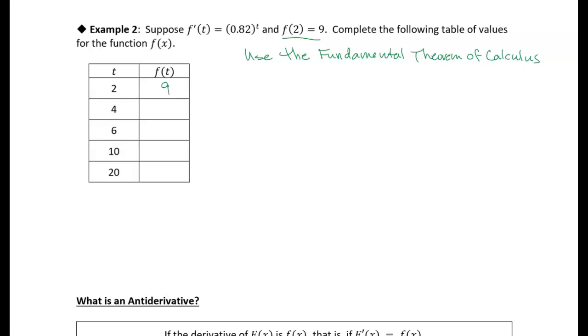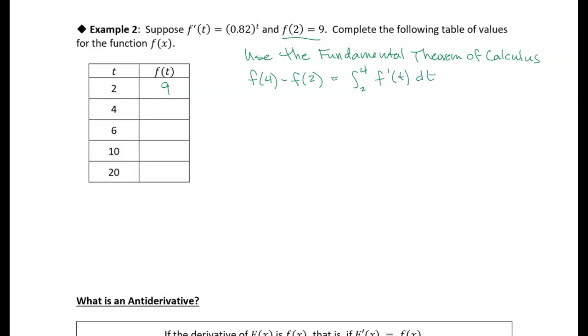And the fundamental theorem of calculus just tells me that if I take the difference between the function value at 4 and the function value at 2, that's equal to the integral from 2 to 4 of the f prime of t dt.